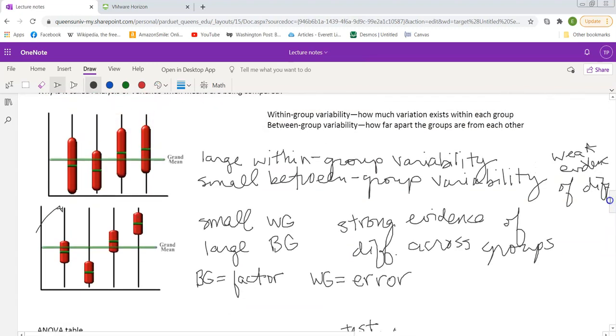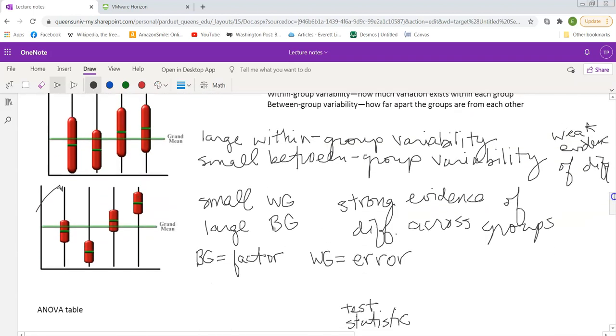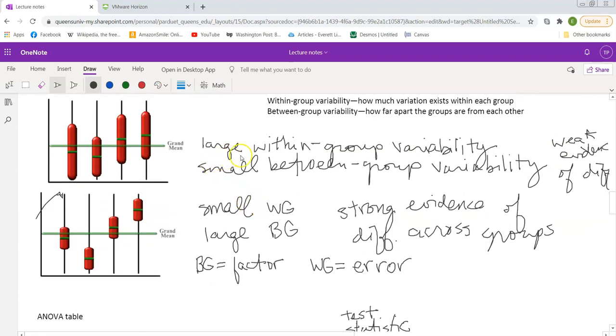If we look back at this picture, we said that a large within group variability and a small between group variability, that combination is not good evidence of a difference.